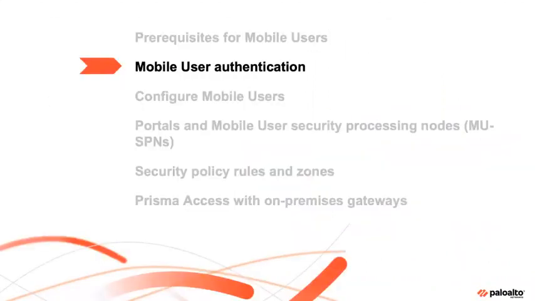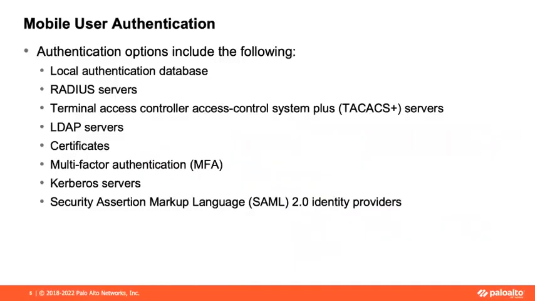Next thing you want to think about is authentication for your users. We support all the different authentication options that are available on a normal on-premise firewall, on a Palo Alto Networks next generation firewall, including things like the local authentication database, so authenticating locally to a list on the device.